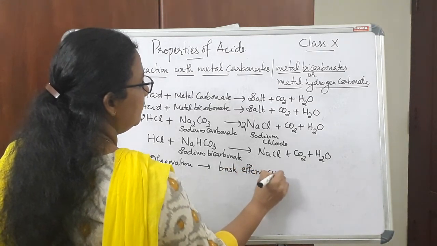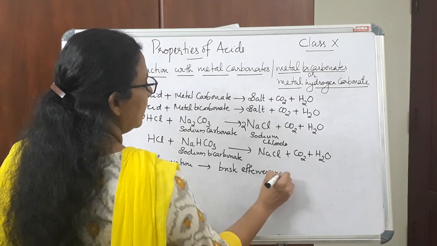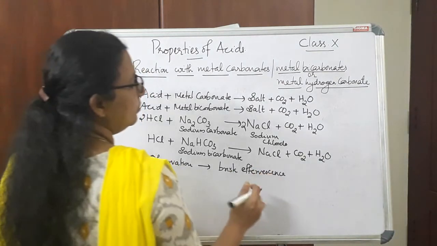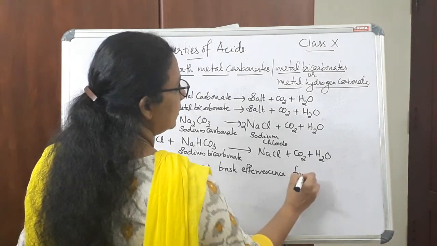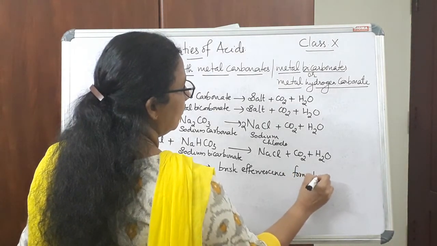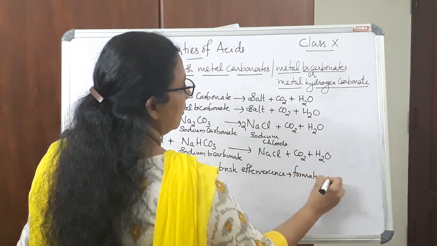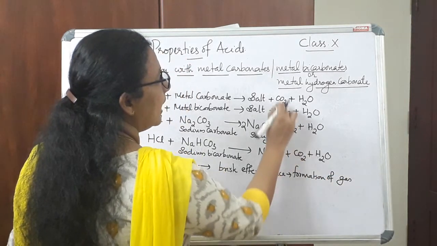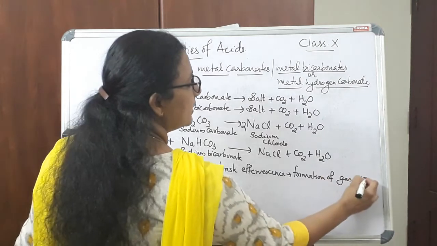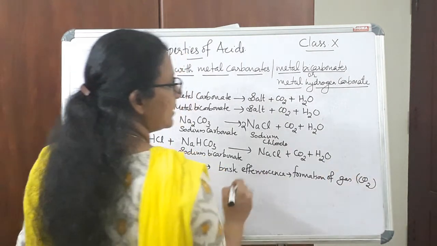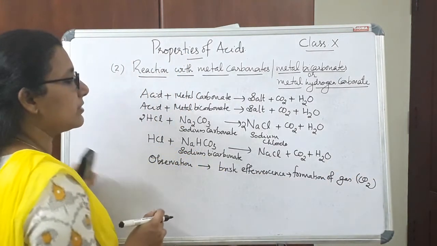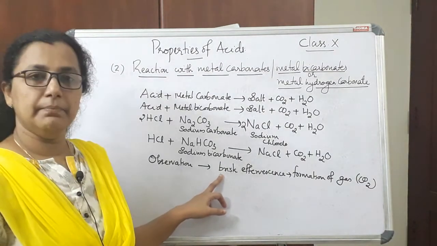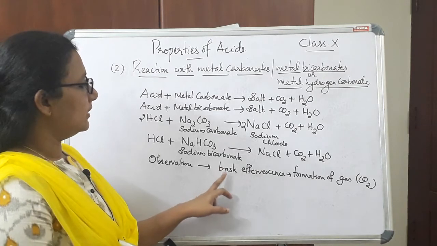The brisk effervescence is due to the formation of a gas, which is carbon dioxide. The gas formed in this case is carbon dioxide. It is clear from the equation. So the formation of carbon dioxide gas can be seen as a brisk effervescence.